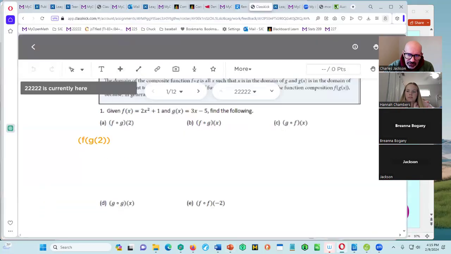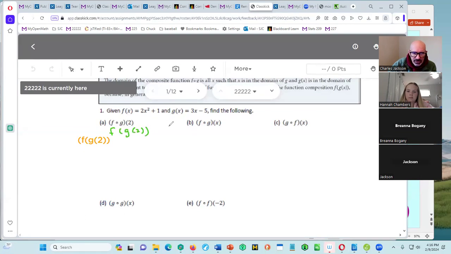So on this problem, f composed with g of 2, and we have to figure that out. What is g of 2? g of 2, 3 times 2 minus 5, which is 6 minus 5, which is 1.